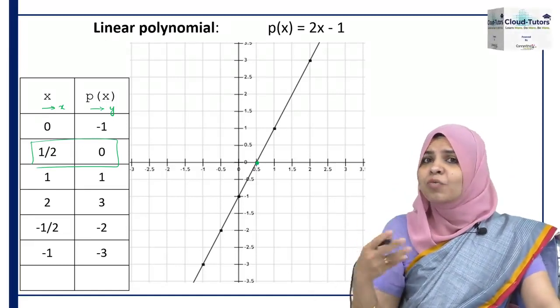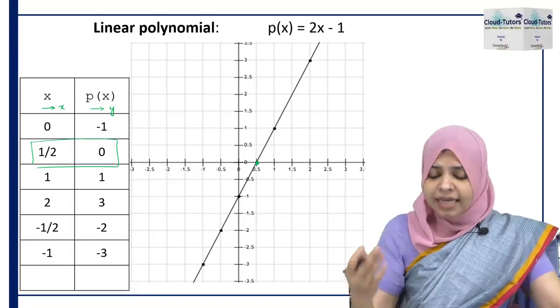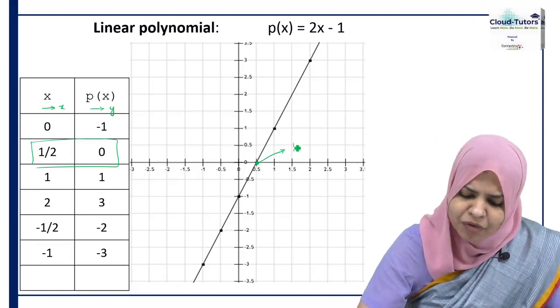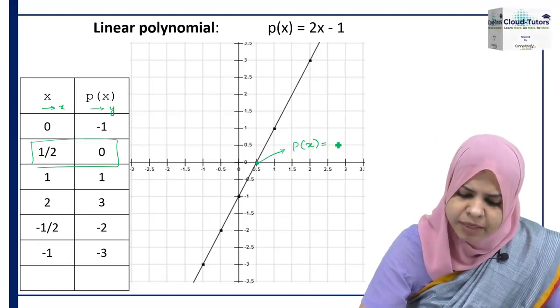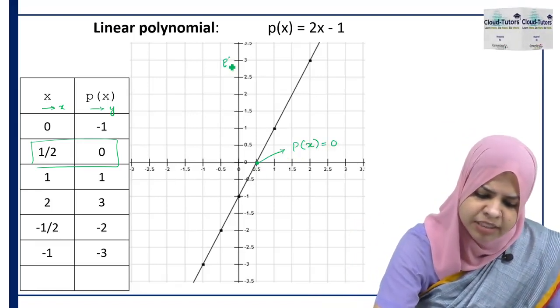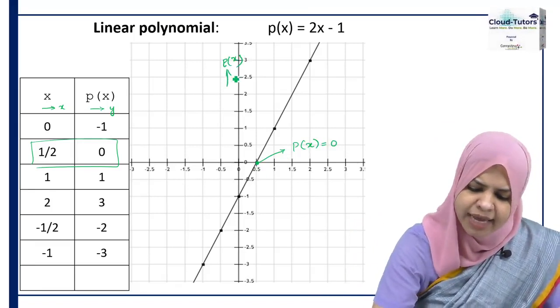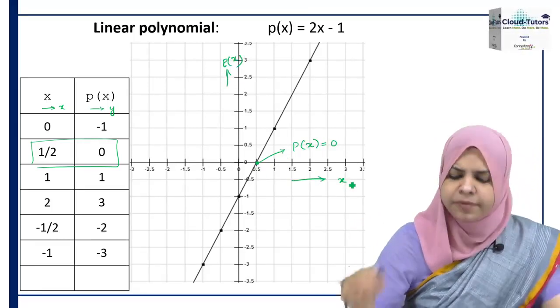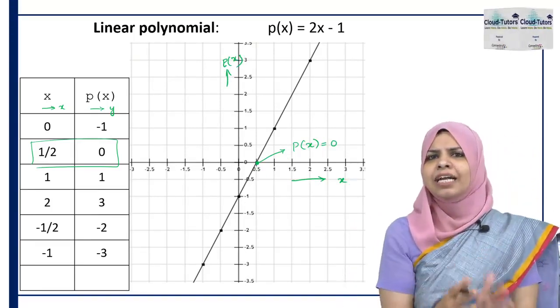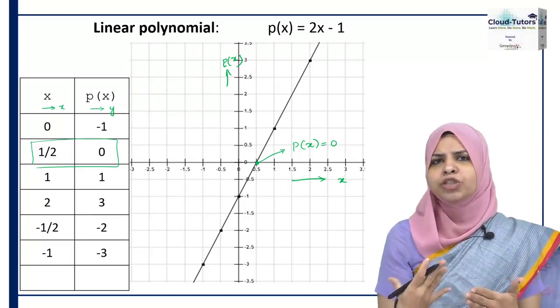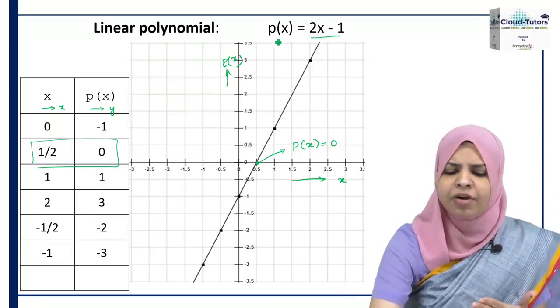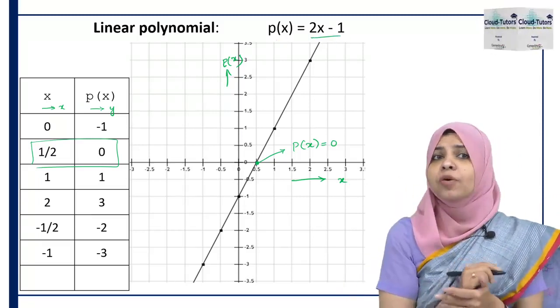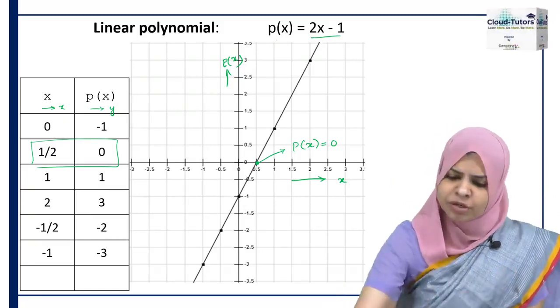So what do you get? See, at this point, my P of x will become equal to 0. So this is P of x along the y-axis. This is x points. Here I have taken random values of x and substituted them in here and found the value of P of x. So for P of half, let's do it.